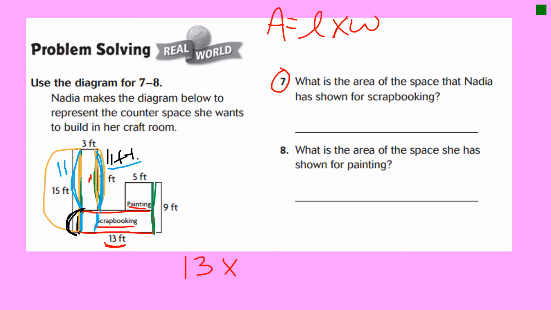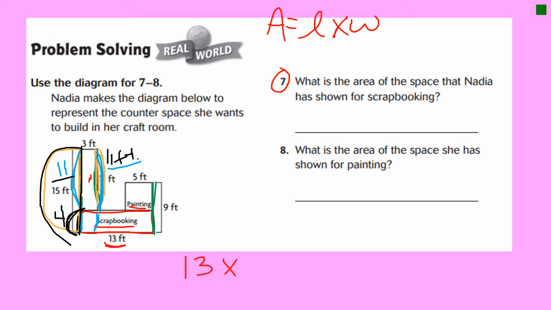Well, remember that this whole line is 15 feet long. So we have 11 and how many more to get to 15? Well, let's see, 11, 12, 13, 14, 15. 4 more feet. 11 plus 4 is 15 feet.